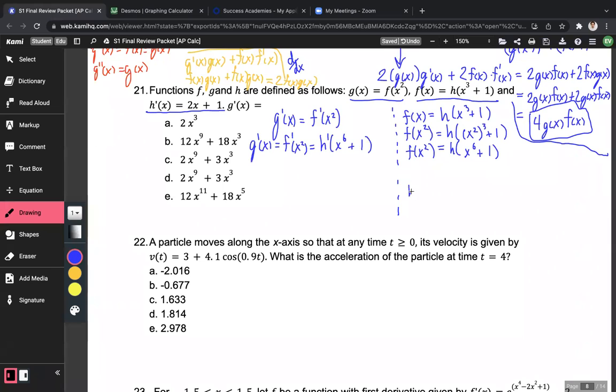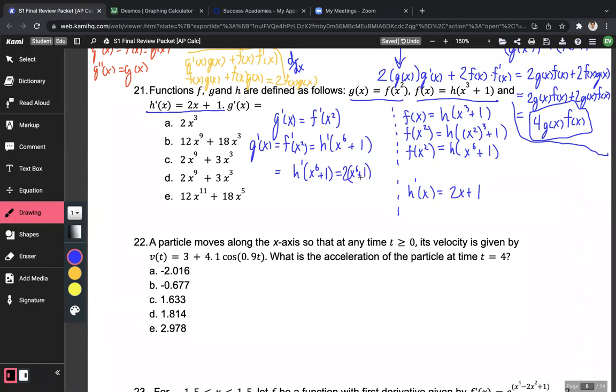And we also know that h prime of x is equal to 2x plus 1. So to finish this out, let's just do h prime of x to the 6th plus 1. Anytime I see an x in my expression for h prime of x, I'm just going to replace it with x to the 6th plus 1.